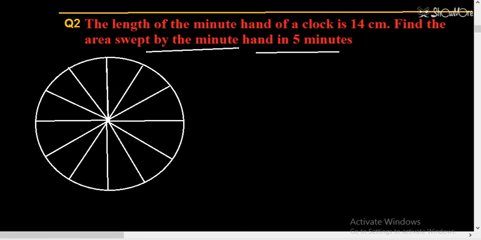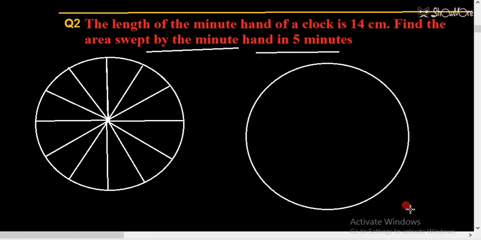If this is a circle, suppose this is a clock, it is not necessarily that the minute hand will start from here and will end at this portion. It can end here also, but still when it will move for 5 minutes, then it will cover a circular distance, some circular distance, that is called the sector.